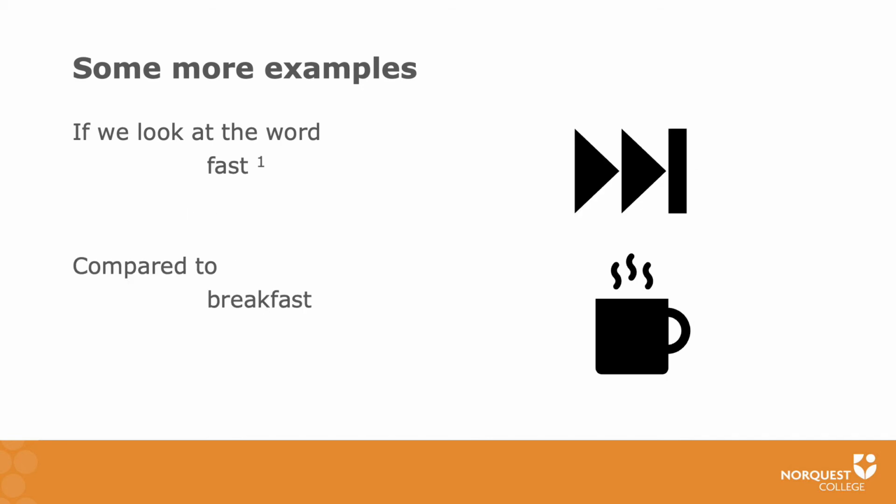Couple more examples. Let's look at the word fast. Fast forward to the favorite part of the video. Or the word breakfast. Now in the word breakfast, this is a two-syllable word and the emphasis is on break.